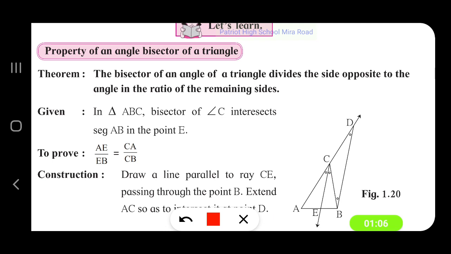We have to prove AE upon EB is equal to CA upon CB.